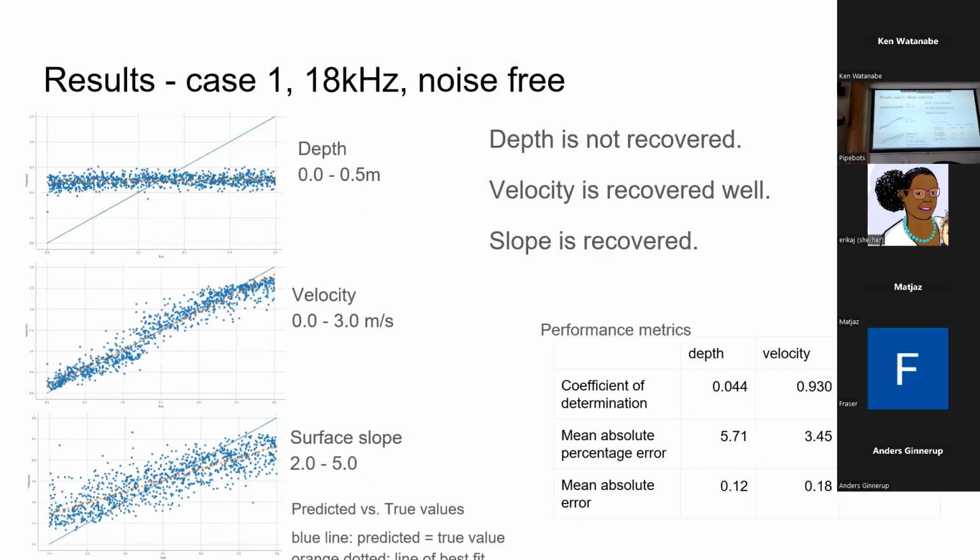Next slide. We've now got the 80 kilohertz cases here, with different amplitudes of depth as well as surface slope. This is the recovery from the model: the true parameters on the x-axis and the predicted on the y-axis. This blue line is perfect reconstruction, and the orange line is the line of best fit of the predicted data. The issue in case one, when you've got low frequency and you try to vary the surface slope, is that the depth isn't recovered at all.